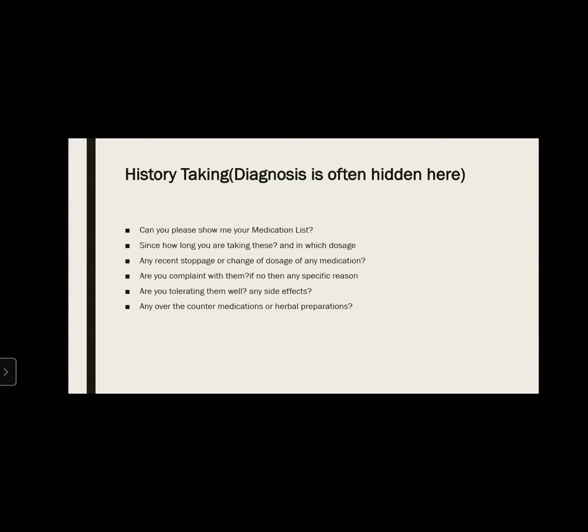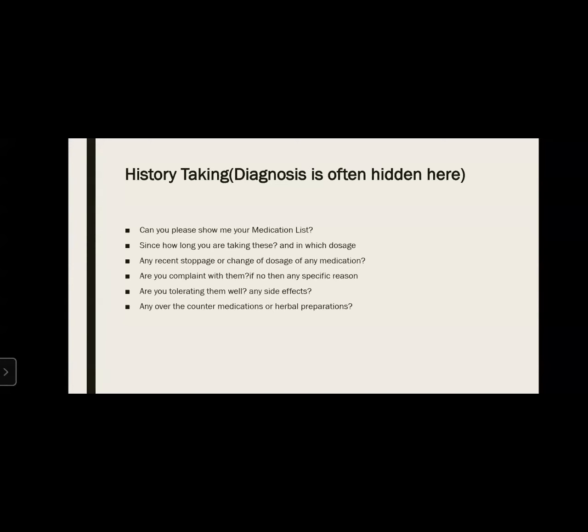But you will be surprised when you come to know that this patient is not even touching the warfarin or the aspirin. He is showing you the list because it was provided to him by the treating doctor, but he is not compliant. So you should ask whether he is taking them or not. He will say, no doctor, they were prescribed to me, but I am not taking them.